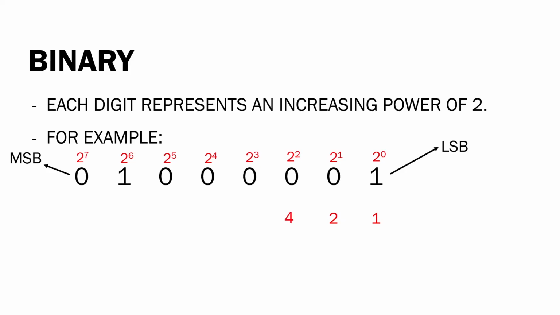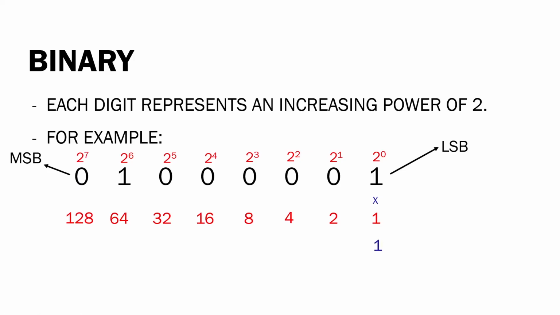Then 2 raised to 3, or 2 times 2 times 2 is equal to 8. 2 raised to 4 is equal to 16. 2 raised to 5 is equal to 32. 2 raised to 6 is equal to 64. And 2 raised to 7 is equal to 128.